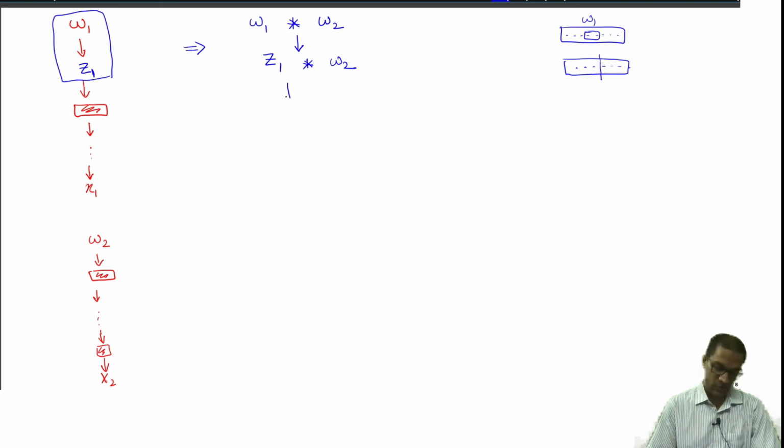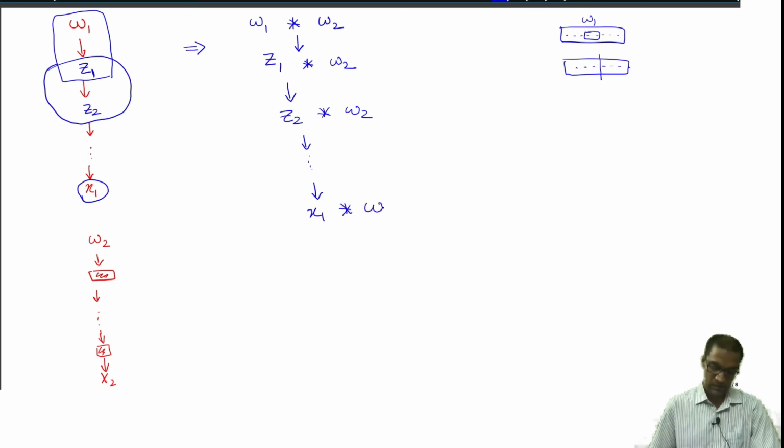Now and so on. So the next step again, because I can go from Z1 to the next fellow Z2 by means of some rule, it means I can also go from Z1 star W2 to Z2 star W2 by using the same rule but only applying it to the Z1 portion, and so on. Okay, so keep doing this till you reach the end. So the end here is x1, but of course remember I have starred every one of them with a W2.